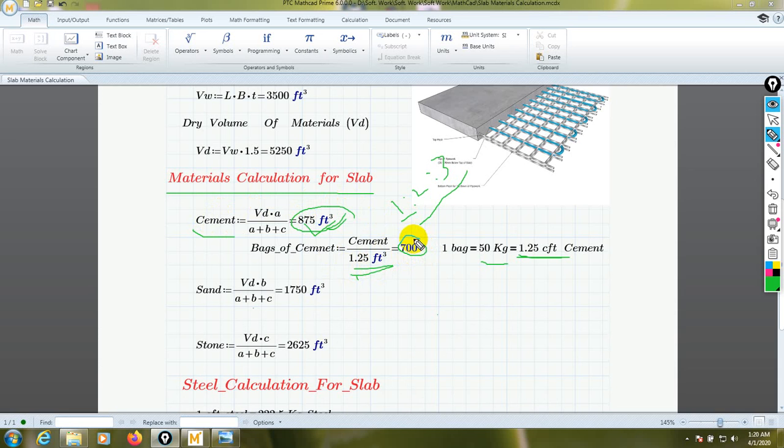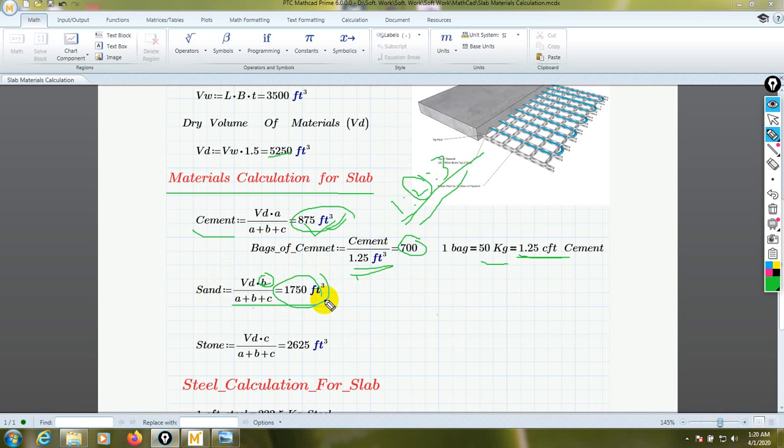After that, we go to sand. We multiply the dry volume by the ratio of sand, which is 2, and divide by the total ratio. Then we find the value for sand.